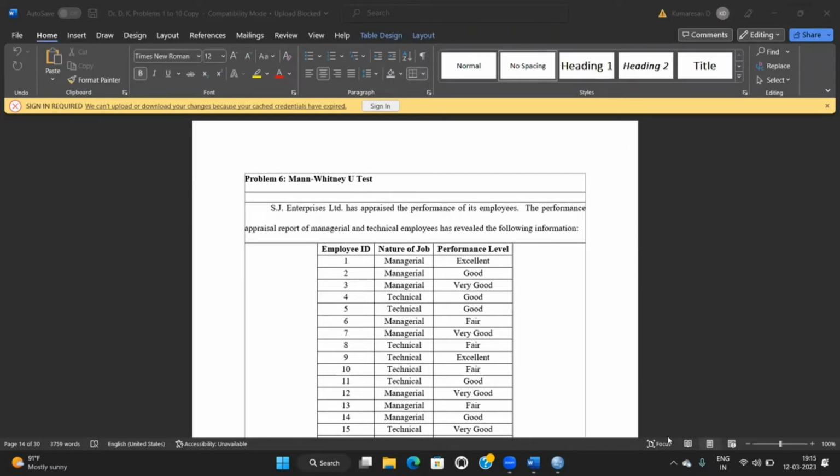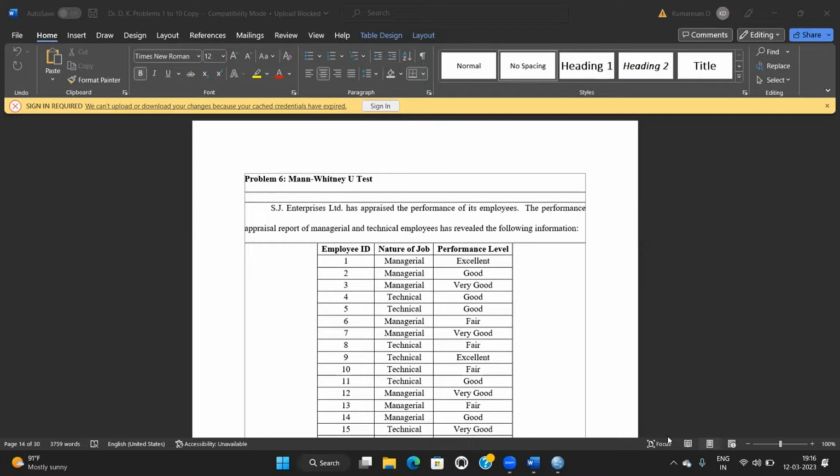Even before collection of data, you can decide whether you want to apply the independent samples t-test or the Mann-Whitney U test. If you are particular about applying the Mann-Whitney U test, then you have to construct the questionnaire like this. The performance level must be measured in terms of grades. It is ordinal data.